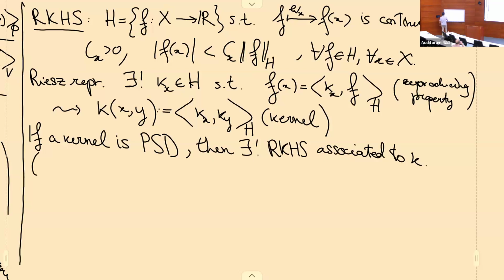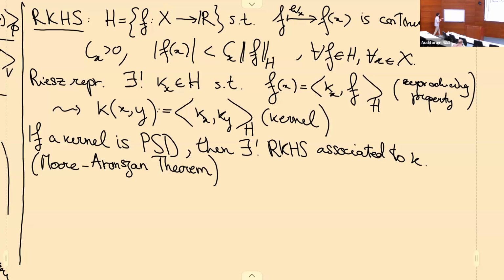And this is a deep theorem. This is called the Moore-Aronszajn theorem, which was proved in the 50s, I think. This is a functional analytic result.